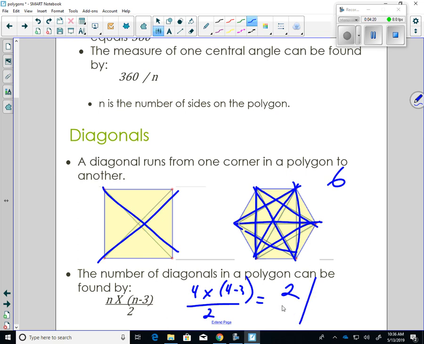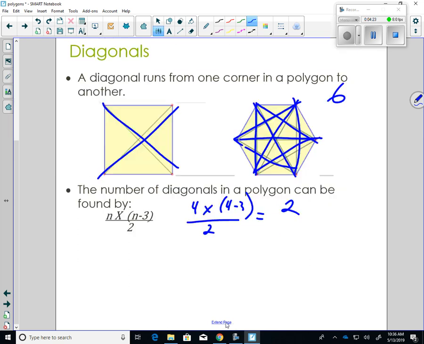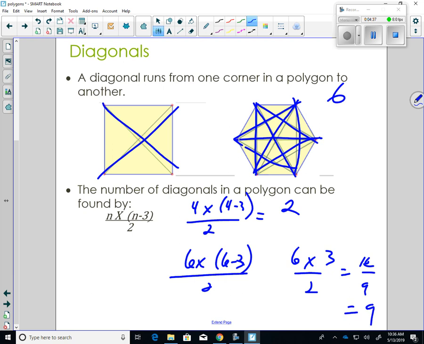In a 6-sided figure, that's going to be 6 times 6 minus 3 over 2, which would be 6 times 3 divided by 2, which would be 18 divided by 2, which is 9. So you can use that formula, or you can count if you want.